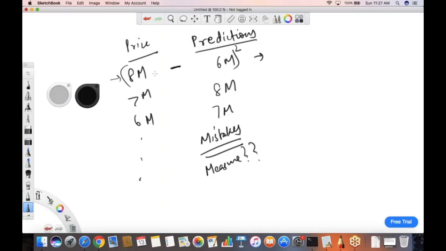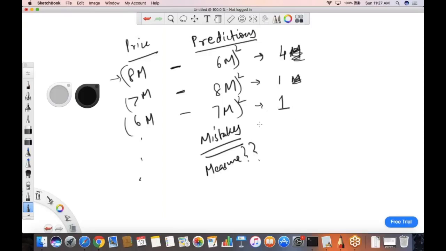So in this case, it will be 8 minus 6, that is 2, squared, which is 4. 7 minus 8 squared, that is minus 1, squared, which is plus 1. And these are all in millions, I guess, right? The unit does not matter for this, okay? So in this case, this will be 6 minus 7, so minus 1 squared, which will be 1, okay?